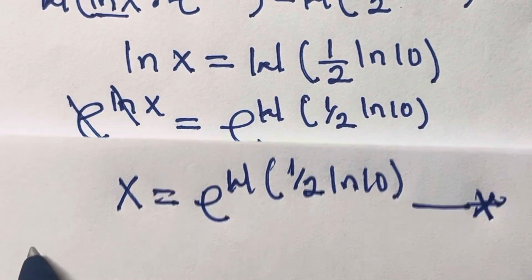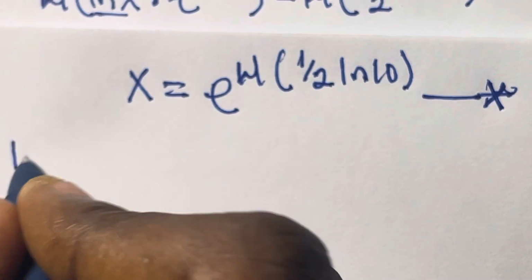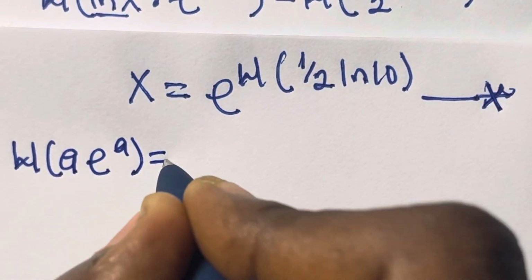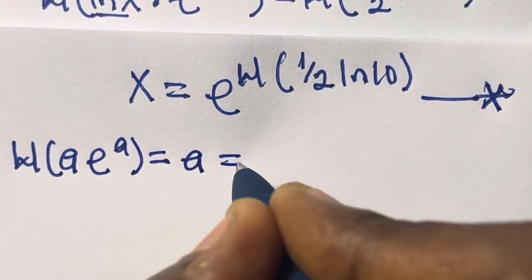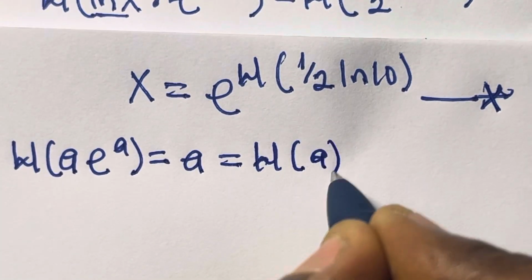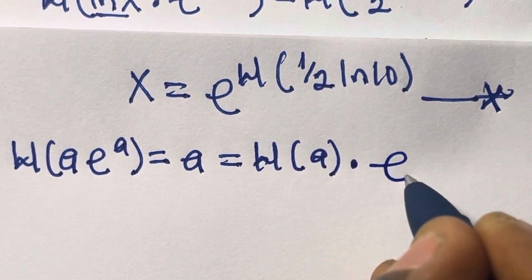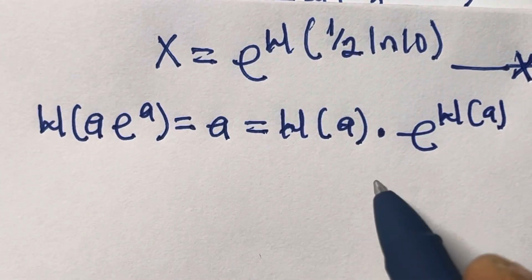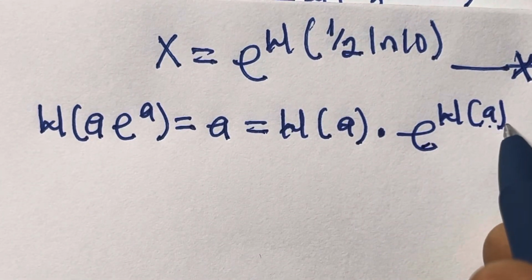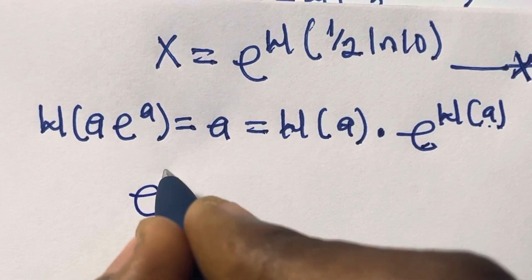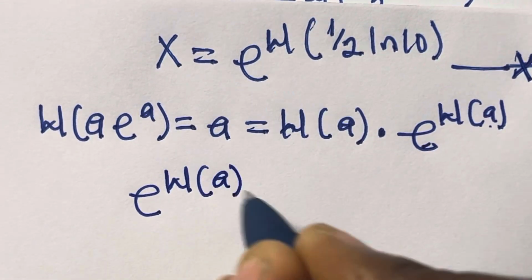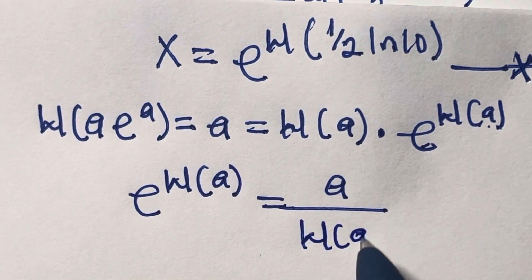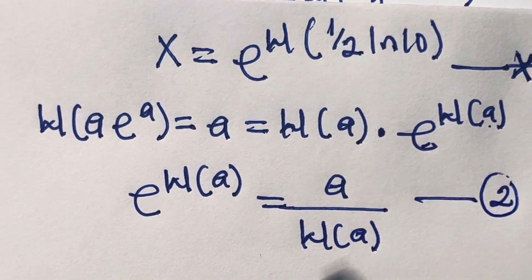All right, so however, we have to recall that if you have the Lambert function of a exponential a, this equals a, and this equals the Lambert function of a multiplied by exponential the Lambert function of a. All right, so if you make exponential Lambert function of a the subject of formula, we are going to have exponential the Lambert function of a equals a divided by the Lambert function of a. Name this equation 2.